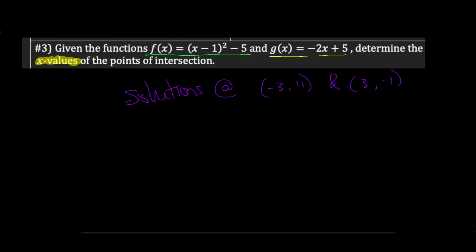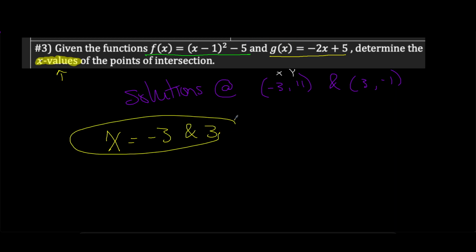Again, make sure you're saying your ordered pairs are x and y, and it's asking for just the x values. So x is going to be equal to -3 and +3. Be careful, make sure that you're only circling or only entering in what it asks for.